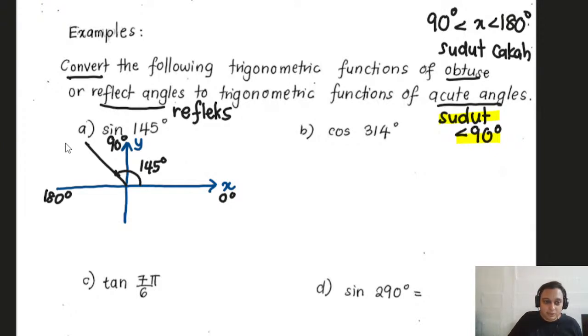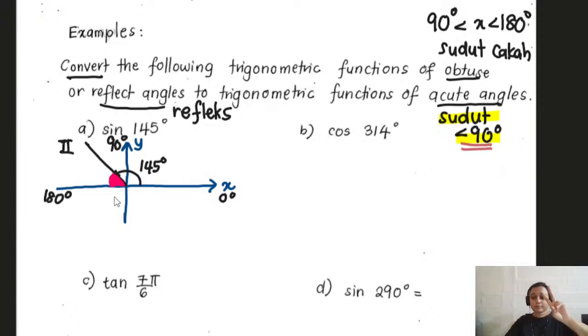Once it goes to quadrant 2 already, what is your goal? What you supposed to do? Apa yang kita sepatutnya buat? Kita sepatutnya tukar. We supposed to change to smaller than 90, right? You find the value (nilai) for this part, the one teacher shading here, the pink color part.